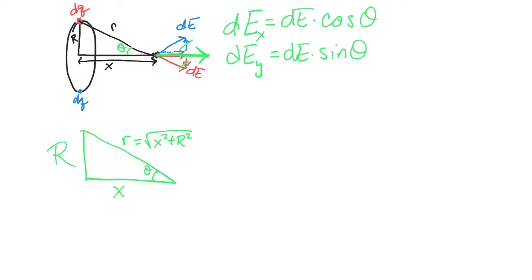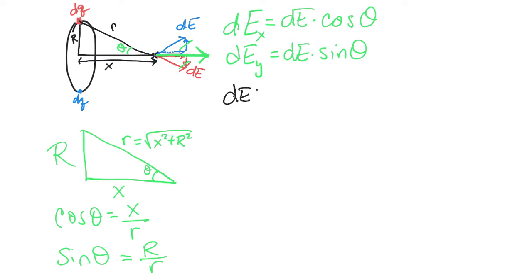Here's theta. Cosine theta is adjacent over hypotenuse, so it's x over r. Sine theta is R over r. So all I have to do is plug those in for cosine theta and sine theta.